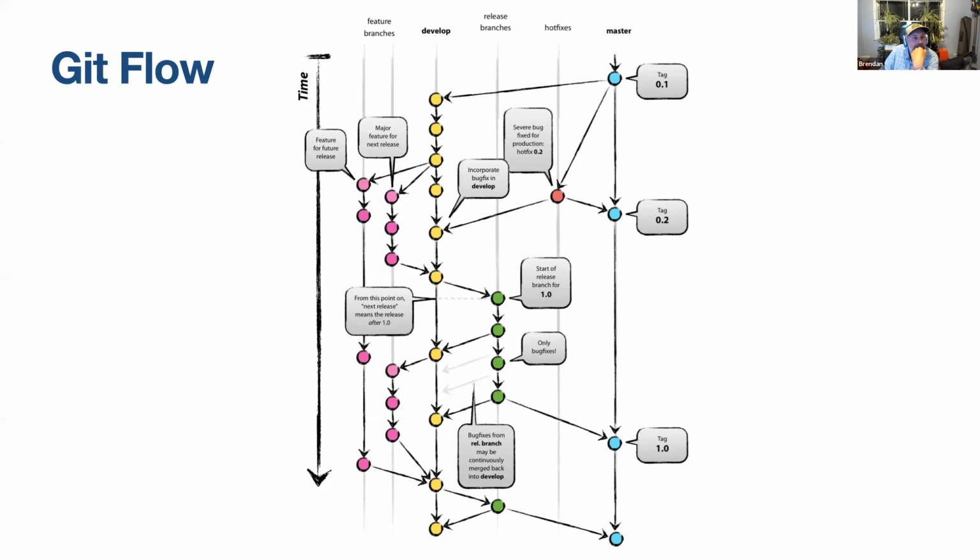And then as time goes on, people are starting to add features, which are the pink dots, and then those are going to get merged back into the yellow. And then every once in a while, when you're happy and you want to do a release, then those get merged into the release branch. And then when you're going to push to the public, then you would merge it back to the blue branch.